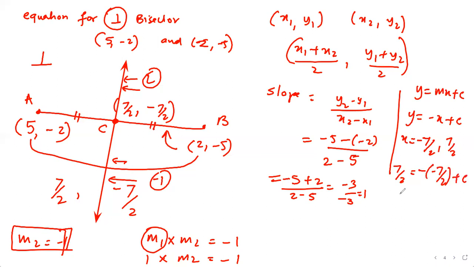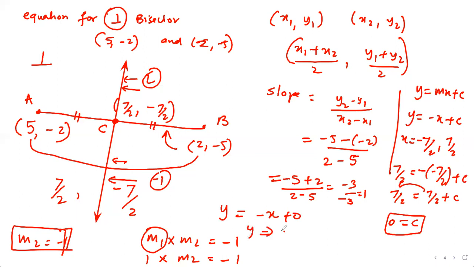Bringing this to the other side, it cancels, which becomes 0 equals c. When c is 0, it simply means the line is passing through the origin. So the final equation for this line is y equals negative x. That's the equation of this perpendicular bisector.